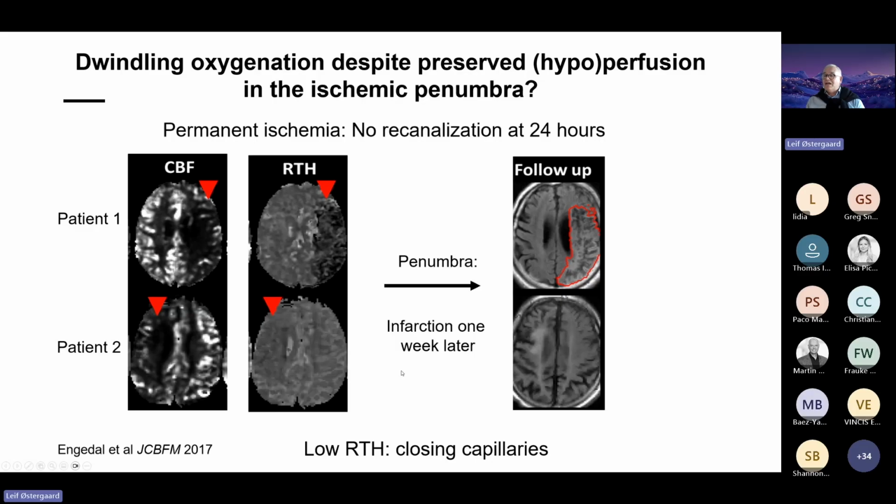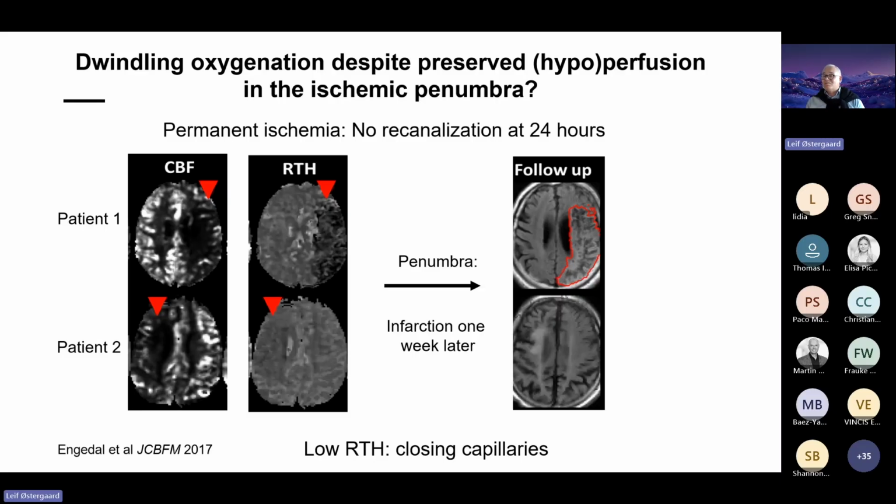So you can see how this is a problem for the ischemic penumbra notion, that it's CBF alone that determines whether tissue dies or not. What this suggests is that it's really whether capillaries can remain open or not. So it seems that in the topmost figure, this patient had capillaries that could not stay open.